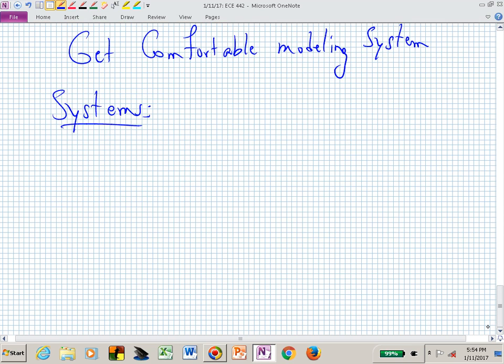And what we need to do is figure out how to deal with either analog systems in the time domain and the frequency domain, and discrete time systems in the time domain and the frequency domain. But here, we're going to assume that we're dealing with linear systems or linear models. We'll concentrate on linear models.